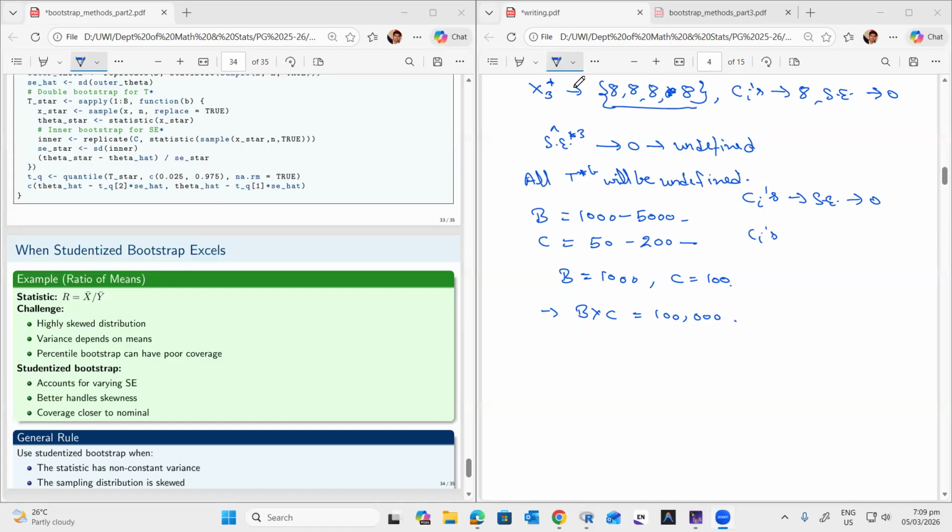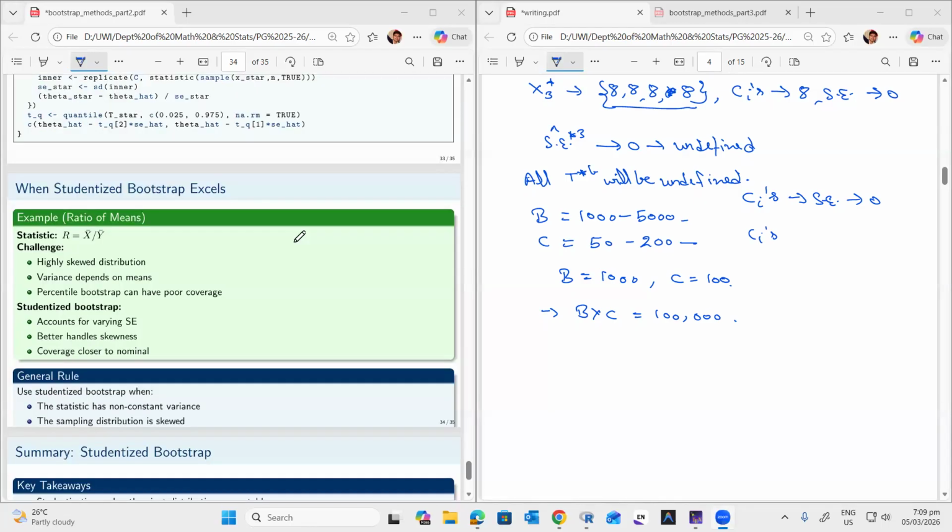Now after this, we have when the studentized bootstrap method is needed, or it will work much better. Okay, it will work in a better way when you are going to calculate the ratio of means.